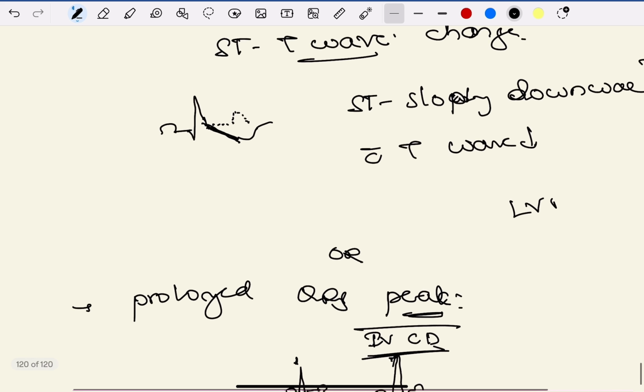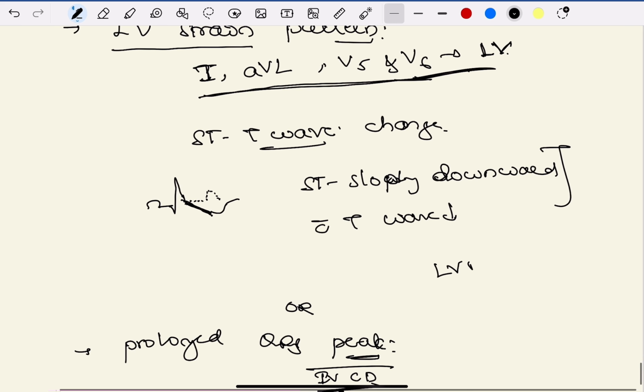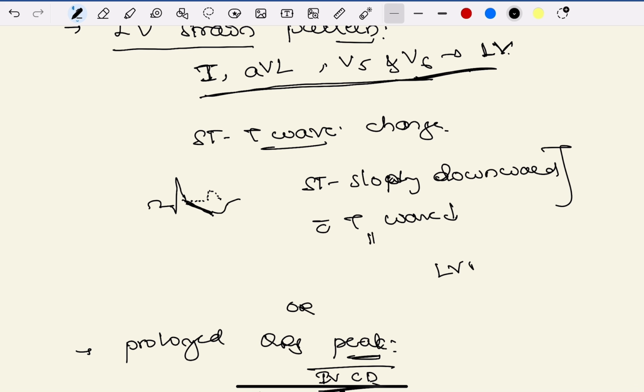I forgot to mention here, strain is nothing but an ischemic pattern. This tells there is subendocardial ischemia. What happens whenever there is hypertrophy?